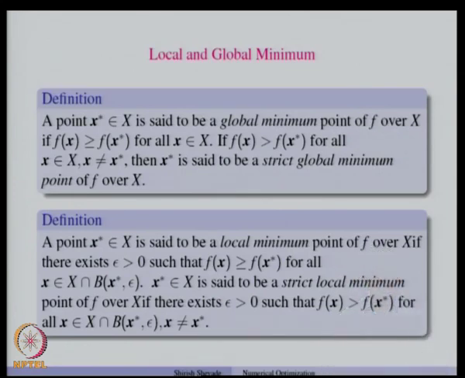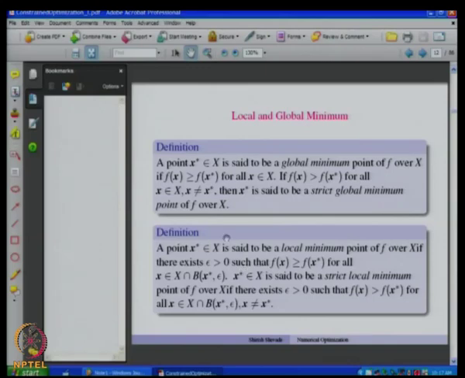Now, let us see some examples of the local minima and the global minima.